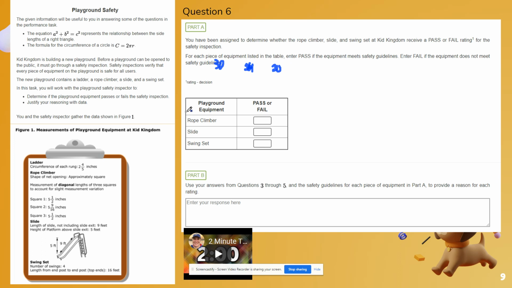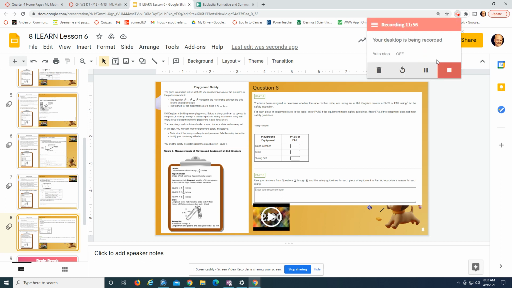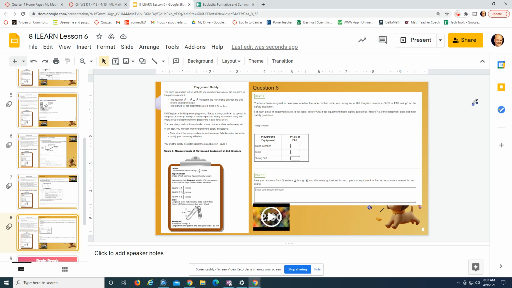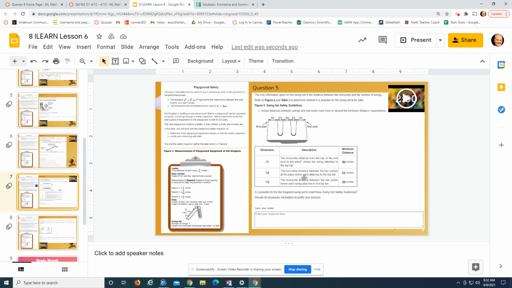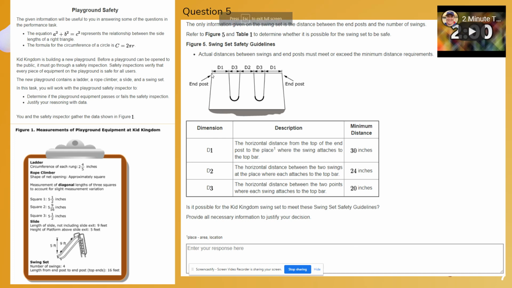So what it's saying is that in the swing set, let's bring back our pencil stuff. In our swing set drawing, we want this whole thing here to be 16 feet, right?